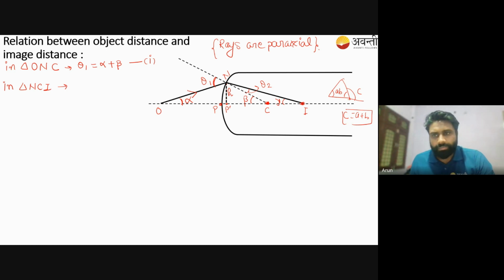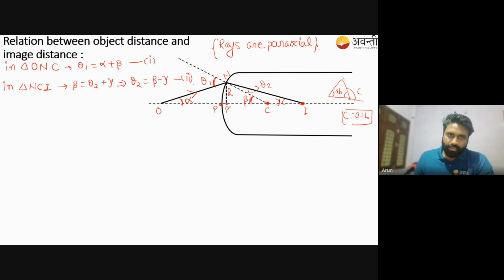Again, we are going to apply this theorem: sum of the interior angles equals the exterior angle. Here the exterior angle is beta, and the interior angles are theta2 and gamma. So we can write that beta is equal to theta2 plus gamma, so theta2 is equal to beta minus gamma. This is our equation number 2. Okay, got it?